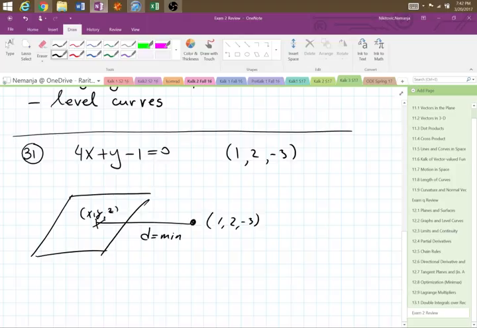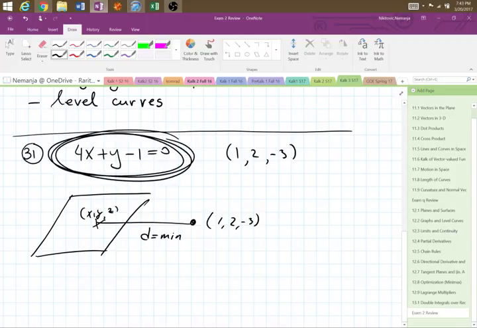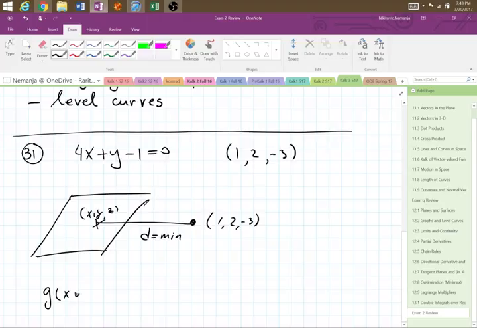So I clearly have a constraint function here. That's my g. So I have g of x, y given as 4x plus y minus 1 equals 0. Now, how do I find f? What should I use for f, which is the objective function? Distance formula, very good.